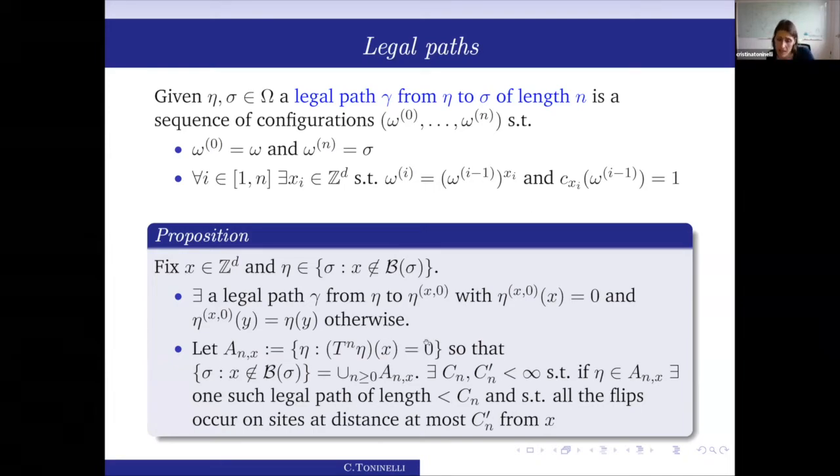And then I leave that site empty and I rewind. So I redo in reverse all the moves in order to refill all the sites that I had emptied, because I want to reach a configuration in which I have only emptied a given site, the one which did not belong to the backbone. And I can rewind with a legal path because, as I said, if the configuration that I'm looking at has more empty sites, which is the case because I'm leaving an empty site at x, the constraint is even more satisfied.